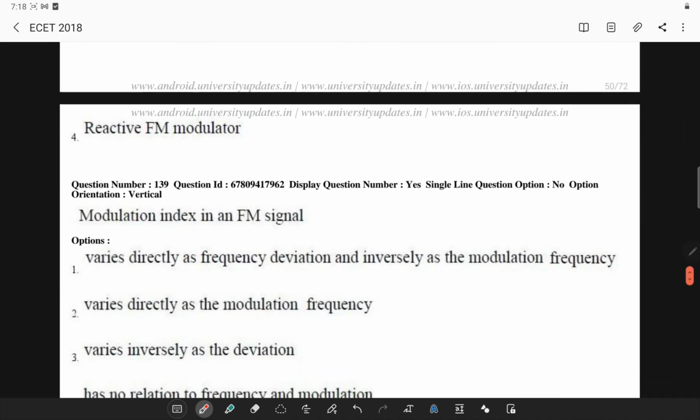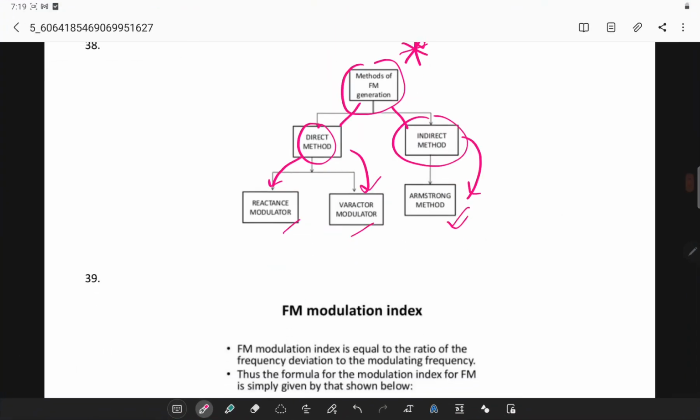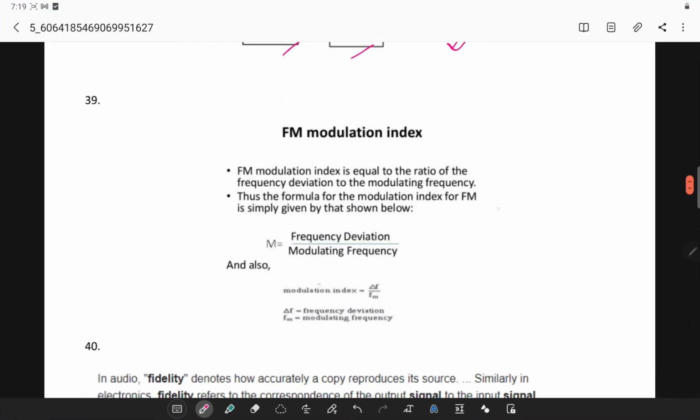Next, modulation index in an FM signal. The student has to remember the formula: modulation index of an FM signal, or beta, is delta F by Fm.